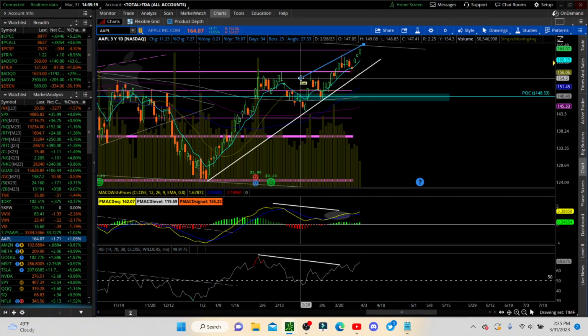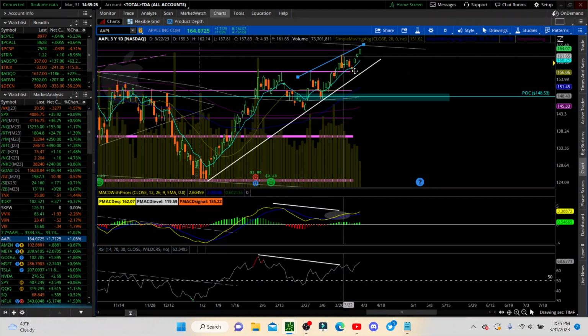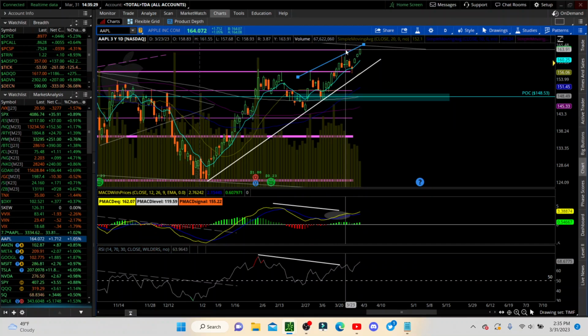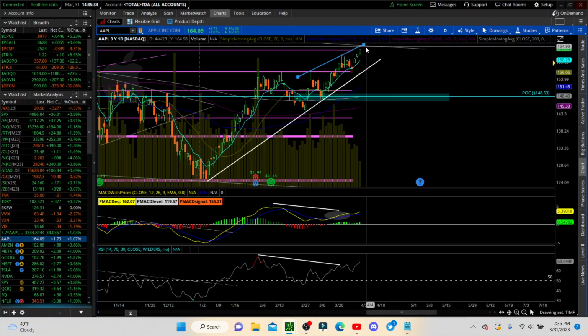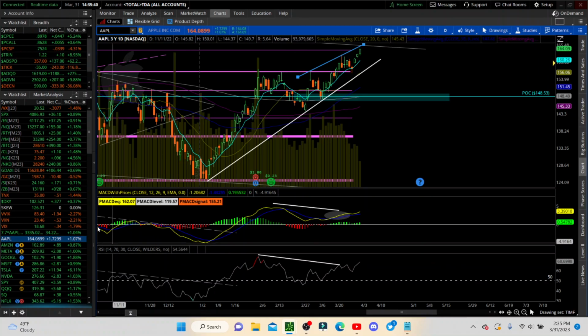That C is a 5-wave move. It doesn't have to be a diagonal, but we have 1, 2, 3, 4, 5 waves here, and now we're just waiting for completion. We're at resistance, and even if we get above this resistance, we have this downtrend line. Apple is at its peak with negative divergence. It's not looking for a breakout.